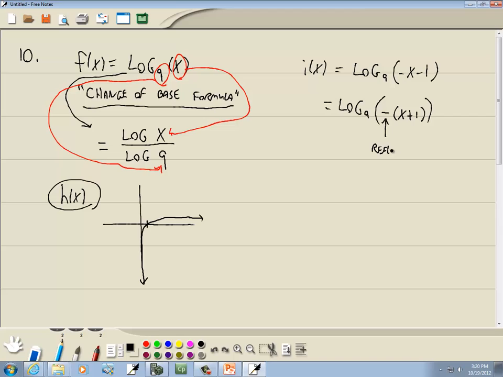This negative that's right here flips or reflects across the y-axis. And if you got a number inside with the x, it shifts left or right opposite of what you think. The plus 1 would make me think it goes right 1, so it actually goes left 1.